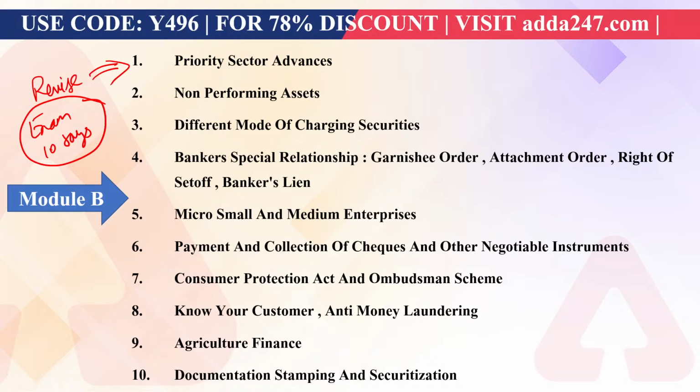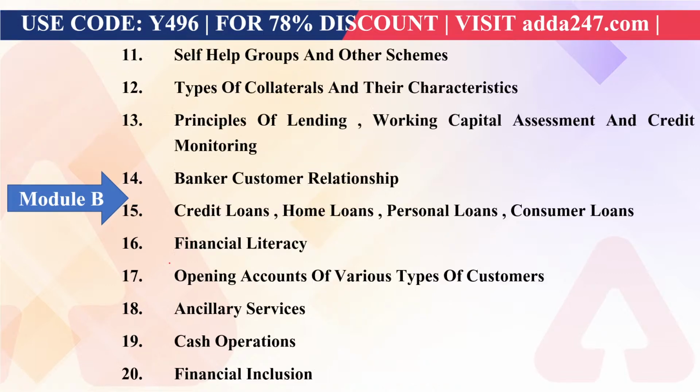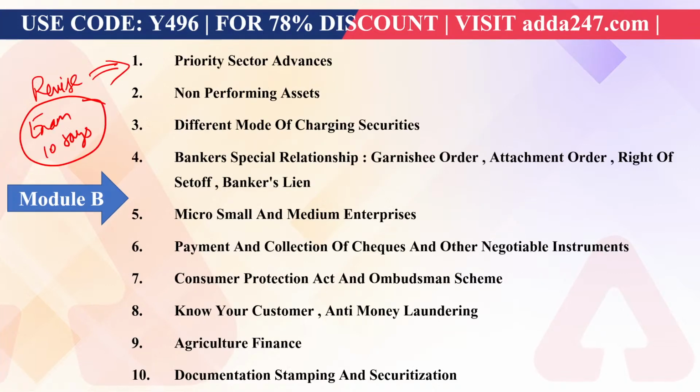Multiple questions have been asked on the PSL, CRR, SLR, so we have to cover these topics. These are around 20 topics from module B which you have to revise at the time of the exam.